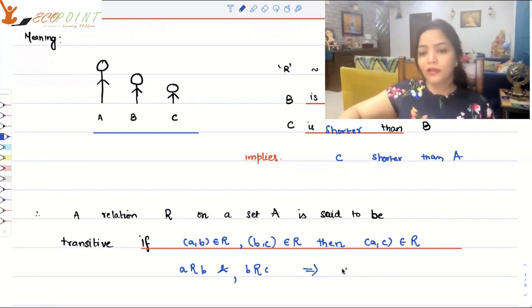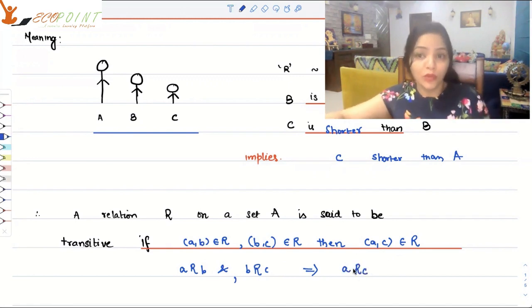That should imply that ARC. That should flow logically.